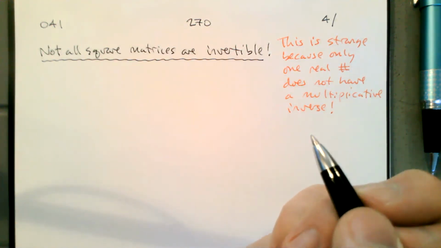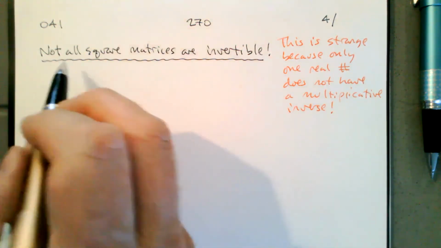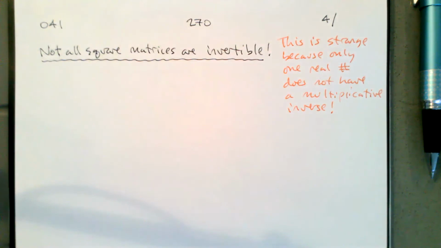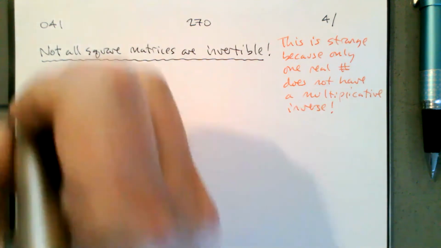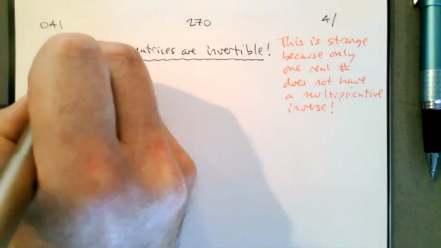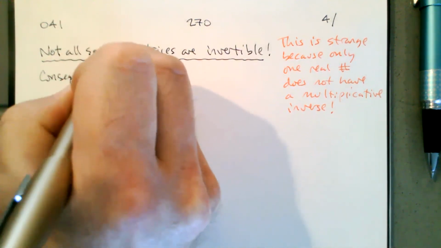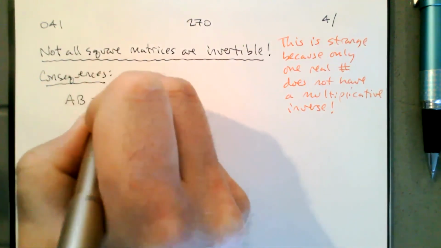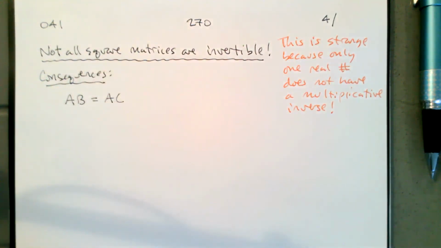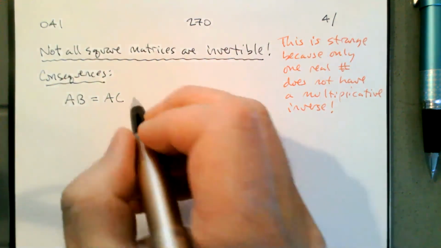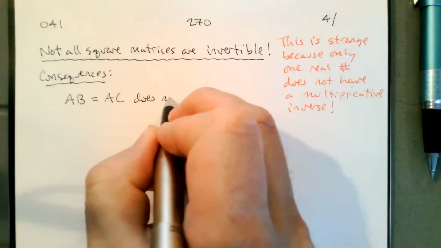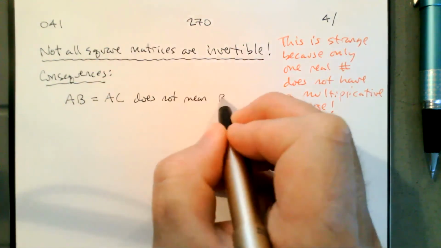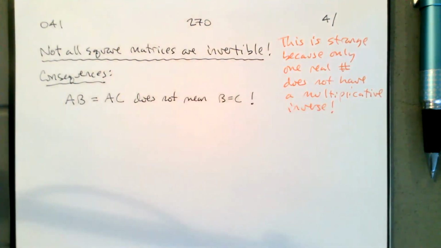So let's talk about finding the inverse. Or do I want to talk about the result of this? Because not all square matrices are invertible, this has some consequences. If I have AB equal to AC, this does not mean that B equals C. That's crazy.